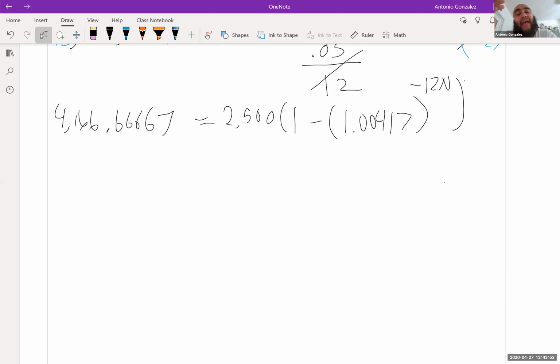And again, notice after that first step, the goal is to isolate N, so I'm getting one step closer to it. Remember, the N is all the way inside those parentheses, and I can't just jump right into it. I have to go one step at a time, each step working my way closer and closer to that N. So the next step is to eliminate this 2,500.